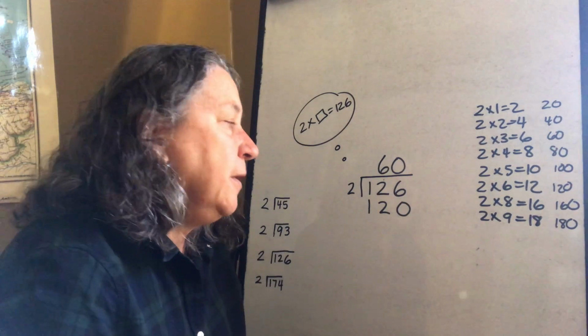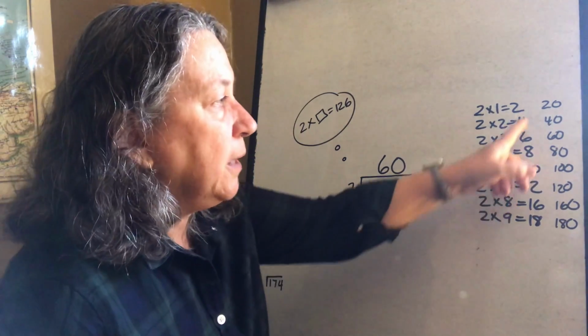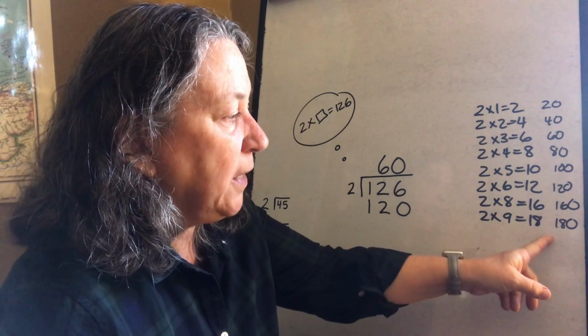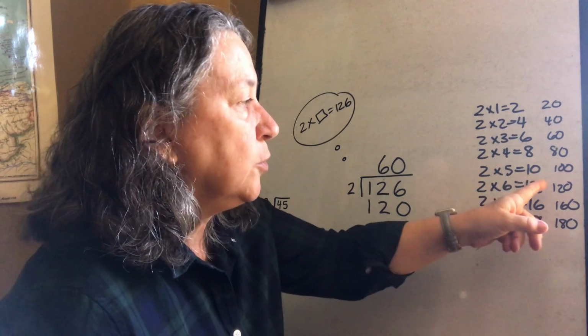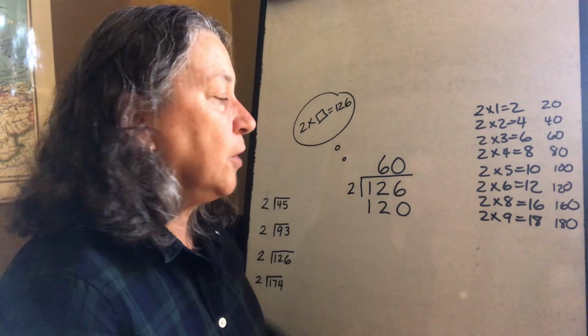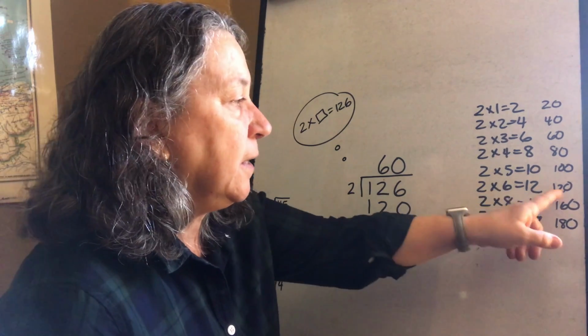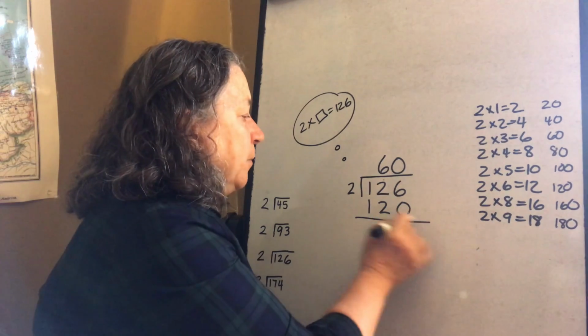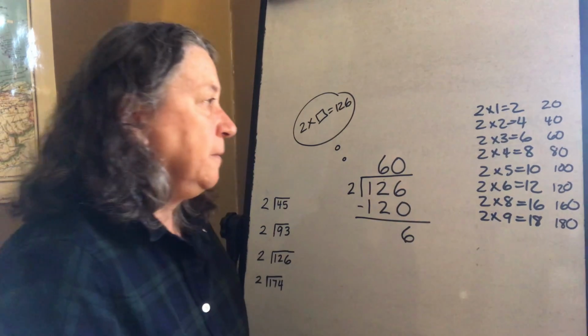So even though the number was really, really large, all we had to do was look through our multiples of 10 to get 2 times 60 is 120. And now when we subtract, we have 6 left.